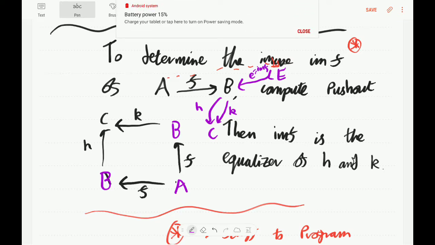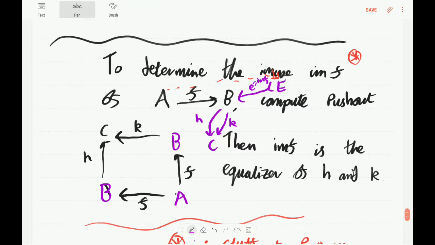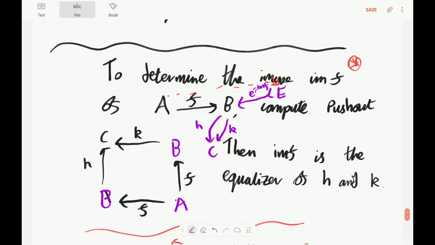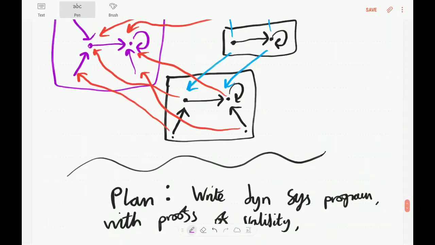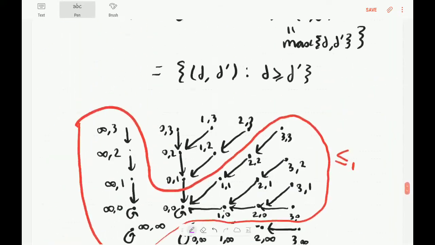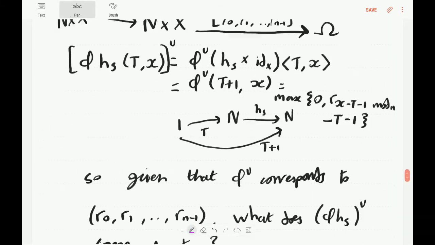So it's especially simple in this case of dynamical systems where everything just has one internal type, which is star.